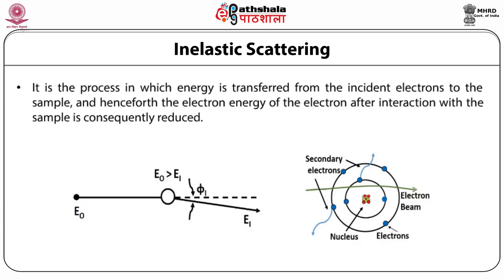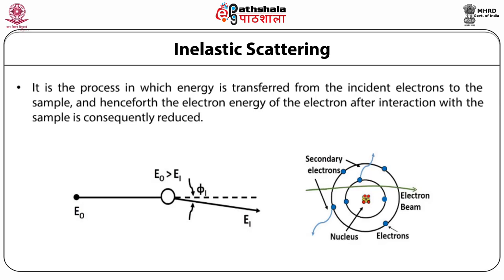The inelastic interactions produce diverse effects, including secondary electrons, phonon excitations, cathodoluminescence, continuum radiation, characteristic X-ray radiation, plasmon production, and Auger electron production.